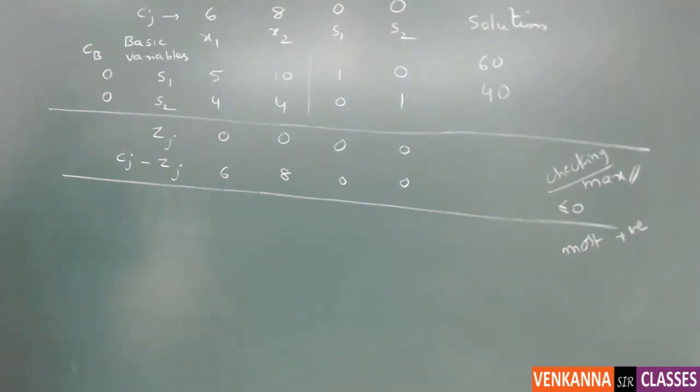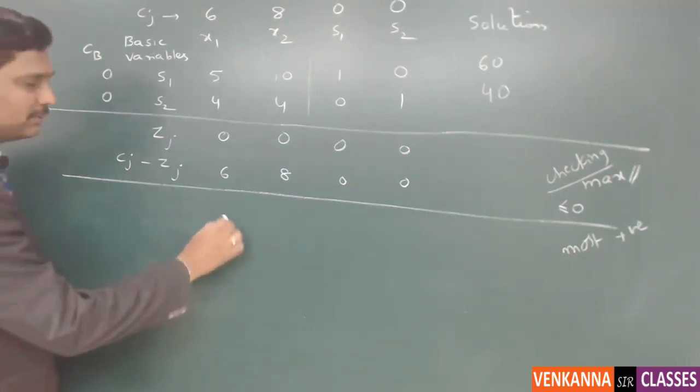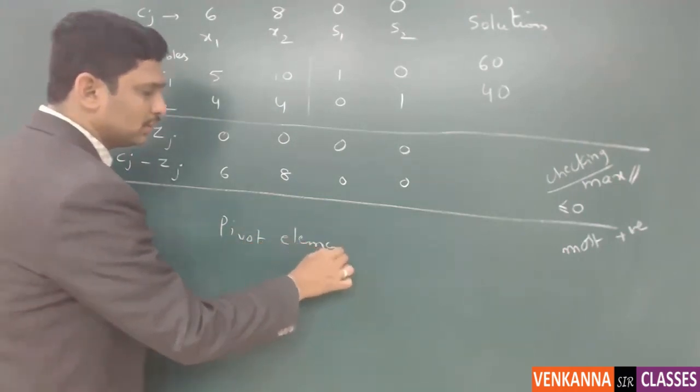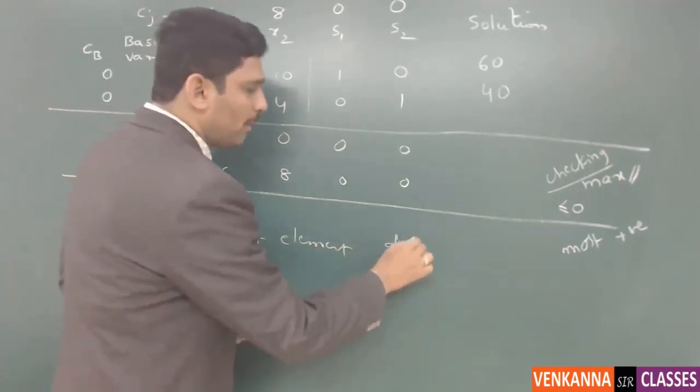Are you getting the idea or not? Say yes or no. Right. Just imagine that if you are doing the Gaussian elimination method in matrices, we are checking a pivot element for doing row operations.